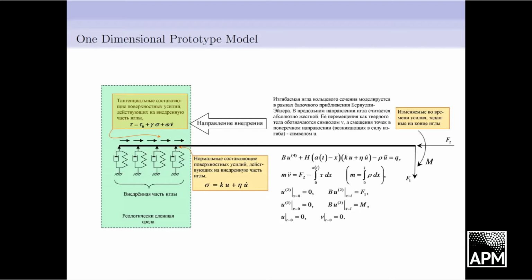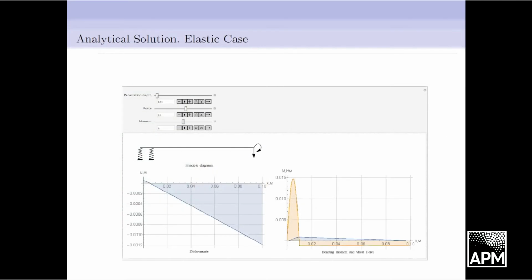In order to implement this program, it's important to obtain the solution for the bending beam and the solution for the interaction process. How can we do it? Fortunately, we can obtain the solutions in analytical form. I'd like to describe this solution step by step.